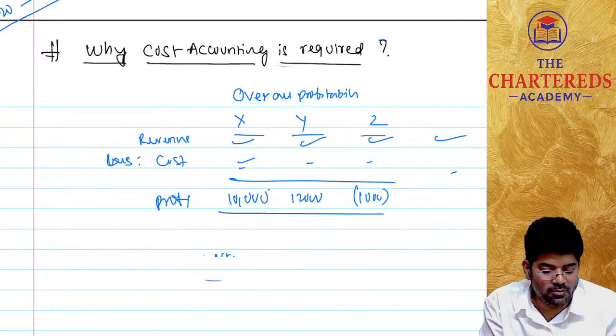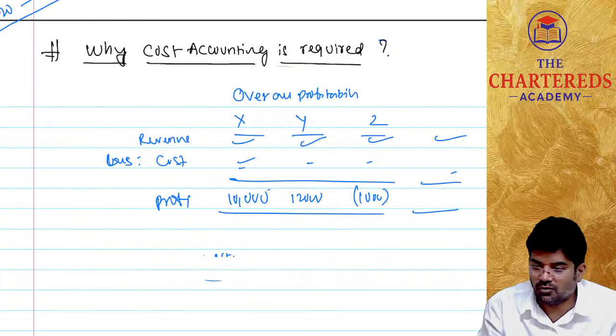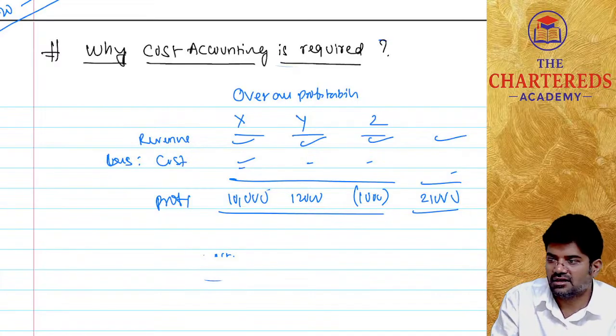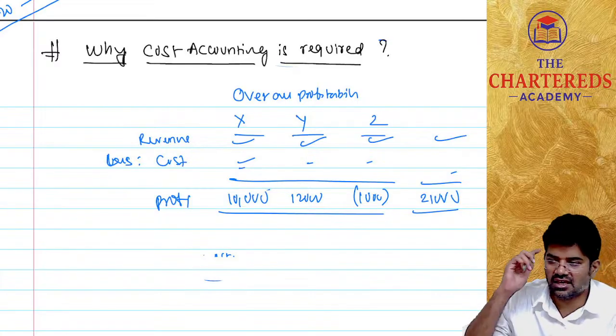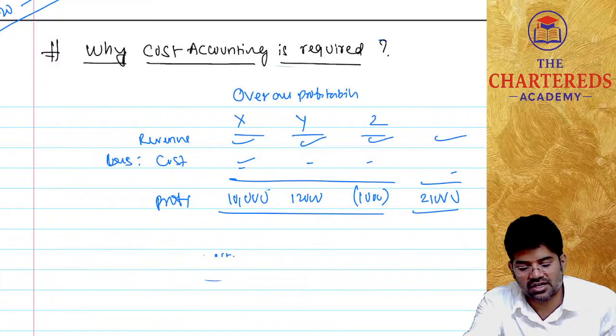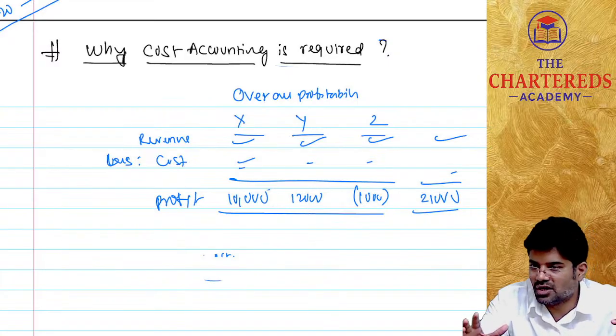So what is the overall profitability here? 22,000 minus 1,000, 21,000. Now, if you are an owner, what do you think? What is the thinking that will get into your mind looking at these figures? Tell me what you can do here.